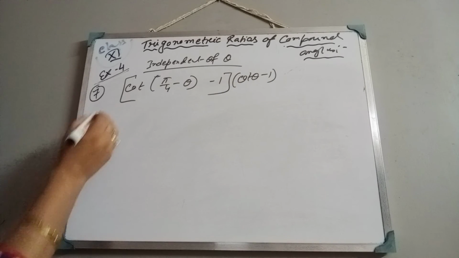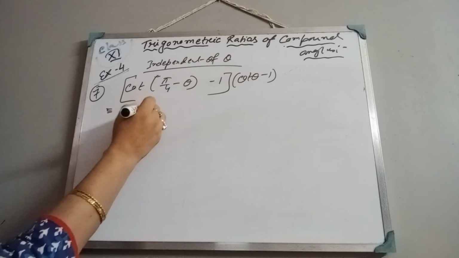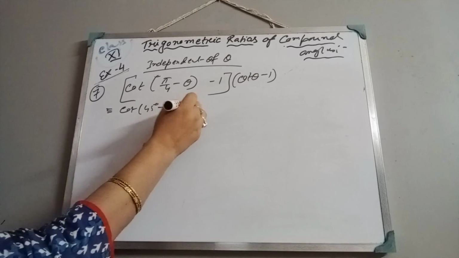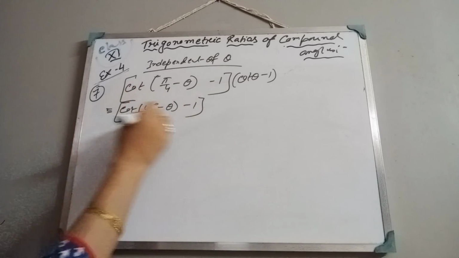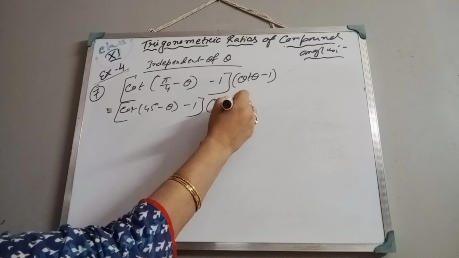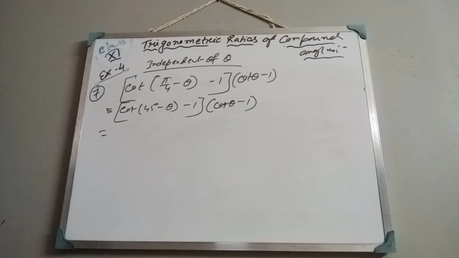Cot pi by 4 minus theta, we know this is cot 45 degree minus theta, minus 1, into cot theta minus 1.